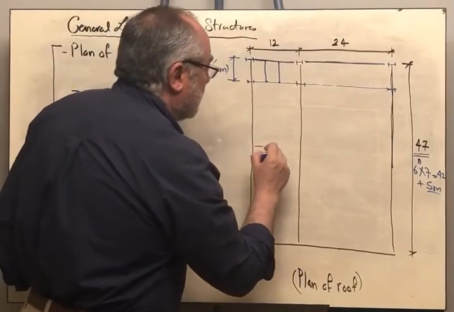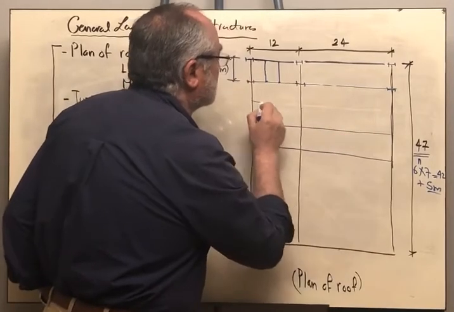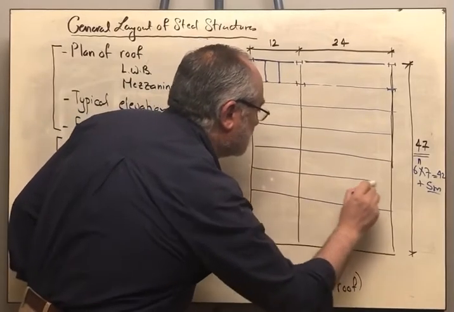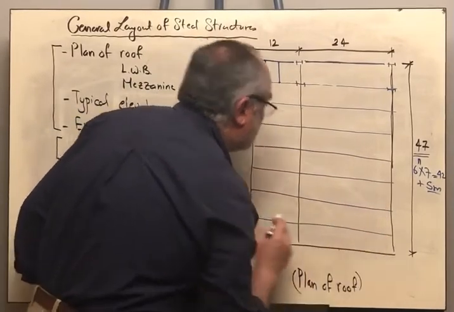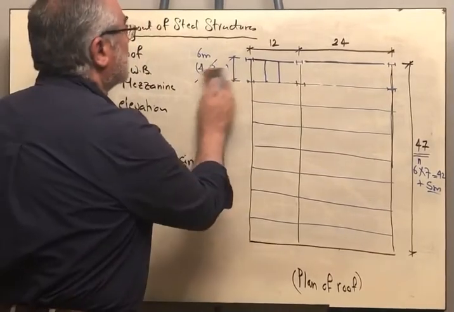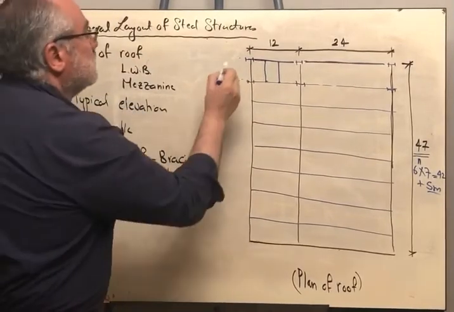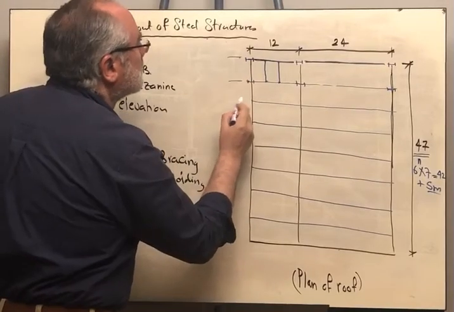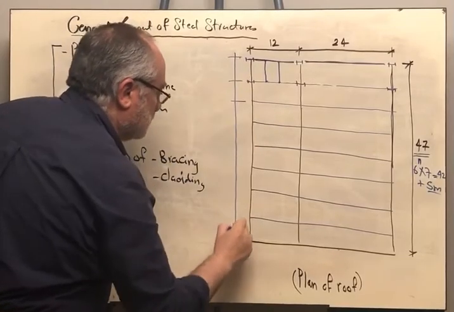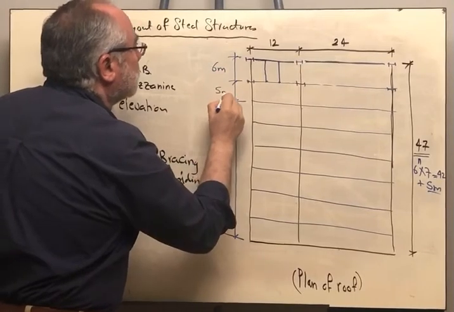If I will divide my whole like that, okay, I will select this distance. I will put this 6 meters and then 5 meters.